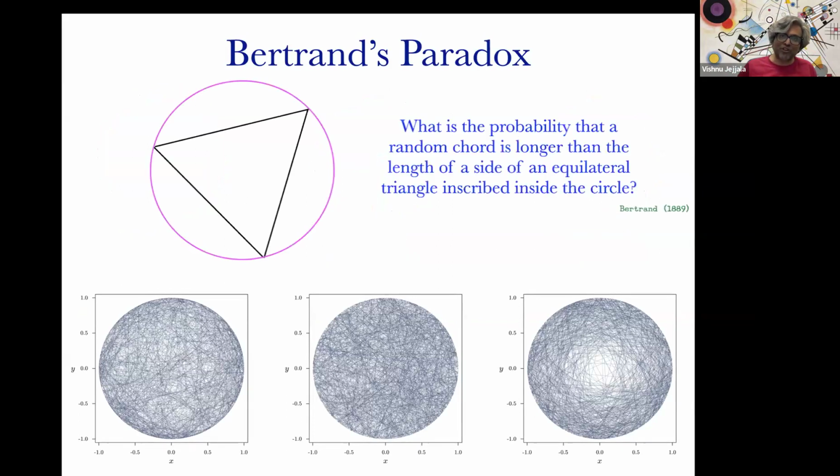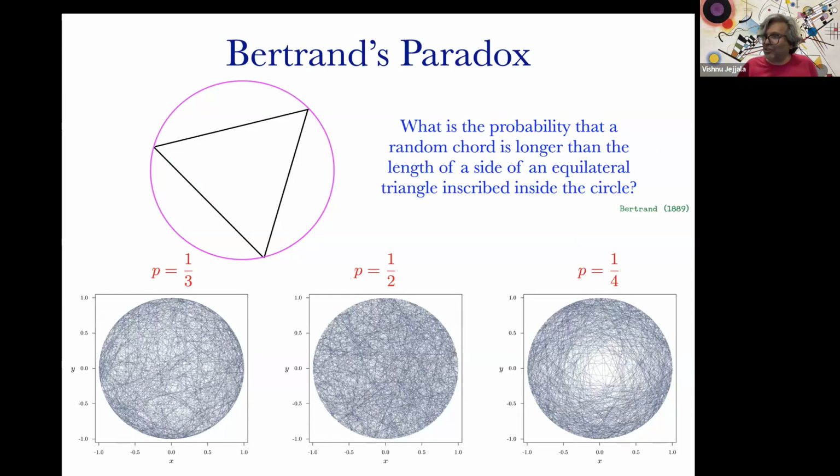So the question that Bertrand asked was: what is the probability that a random chord is longer than the length of a side of an equilateral triangle inscribed inside a circle? And each of these different selection methods gives us a different answer. So, for example, the first selection method, where you pick two points on the circumference, in order to be longer than the length of a side, you need to choose a point on the opposite side.